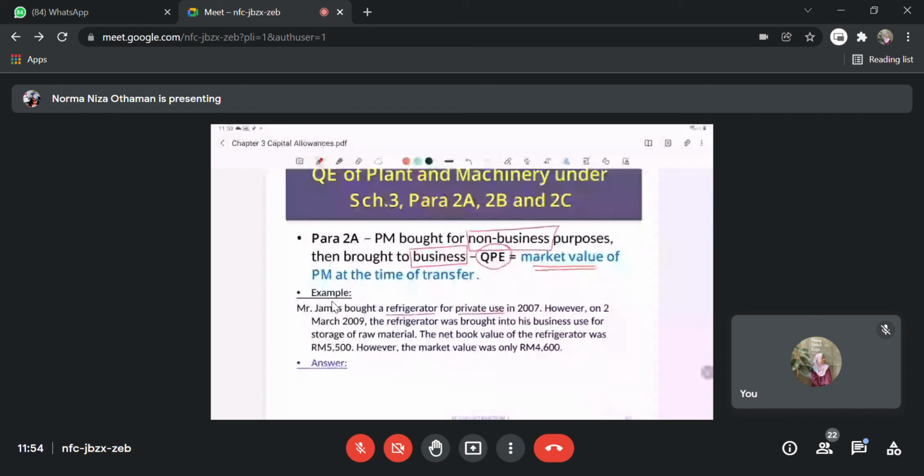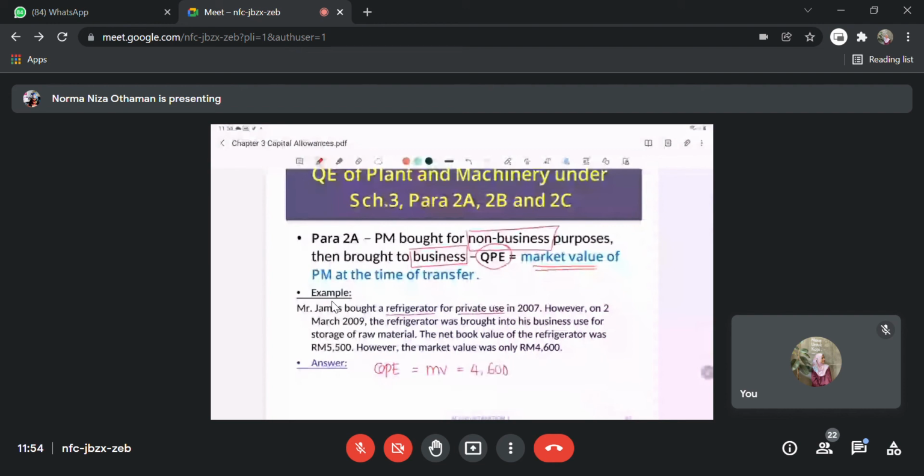The net book value of the refrigerator was 5,500. However, the market value was 4,600. So what is the QPE, guys? Which amount do we take? 4,600. Okay, very good. It is the market value, 4,600.